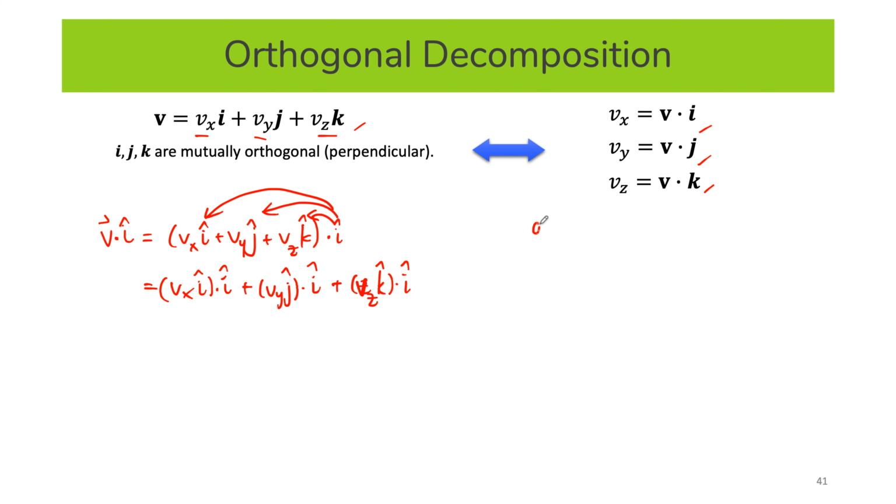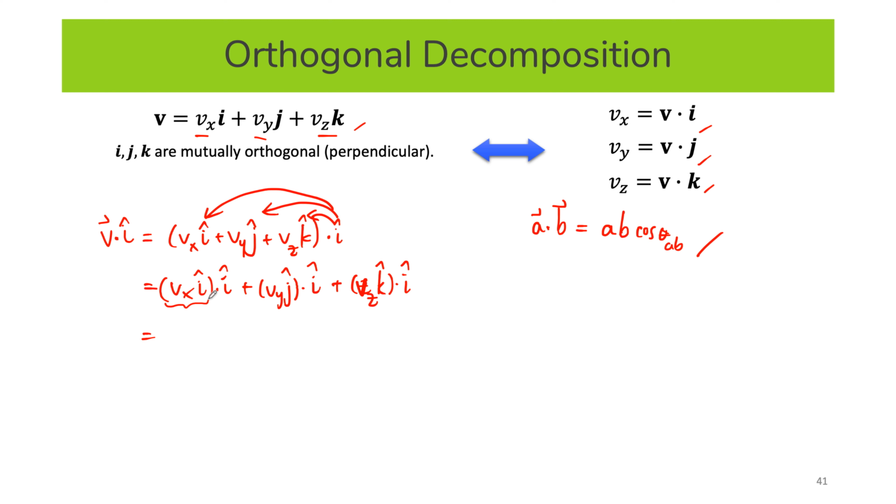Remember that when we have a dot product between two vectors, it's going to be the magnitude of the first vector, the magnitude of the second vector, and cosine of the angle between these two vectors. So we are going to do it here.